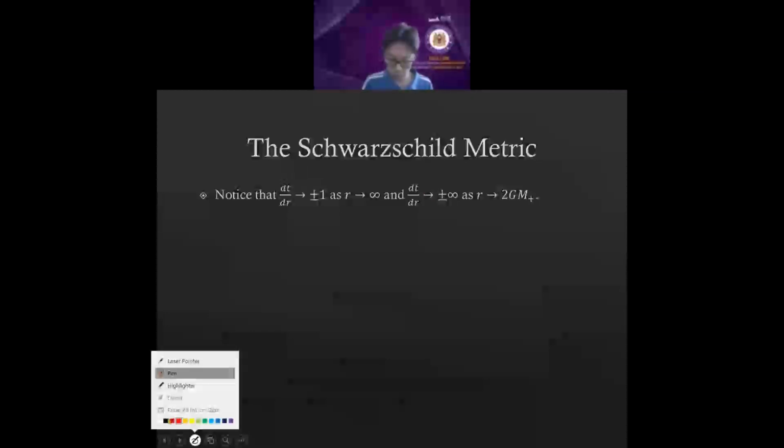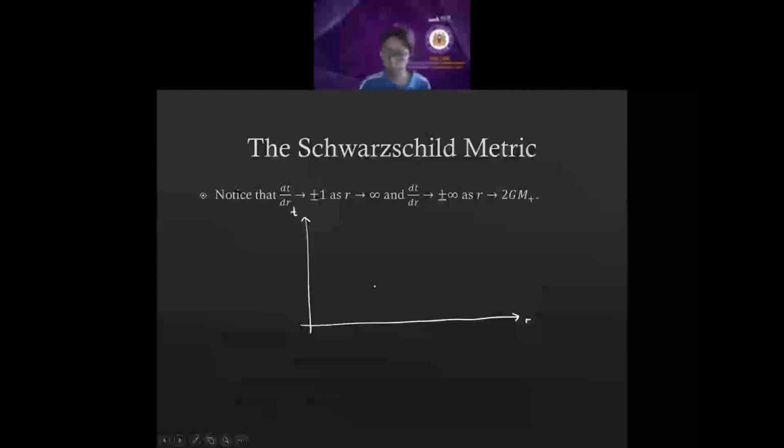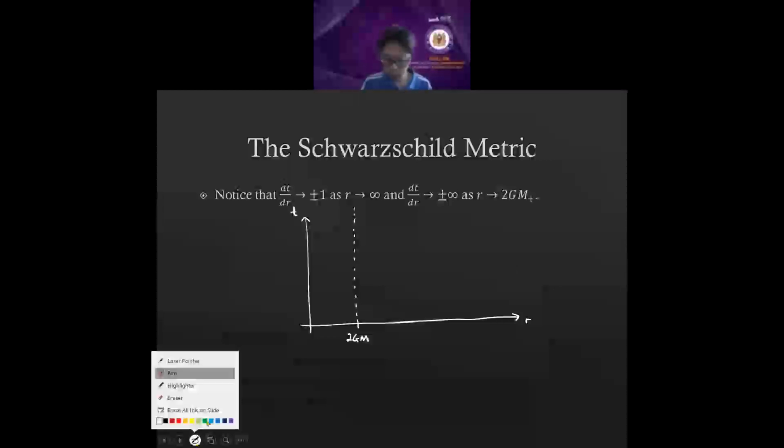Let's try to draw that. We begin with our t coordinate and our r coordinate, and let me denote this special position, r equals 2GM. Let's consider the path of light.